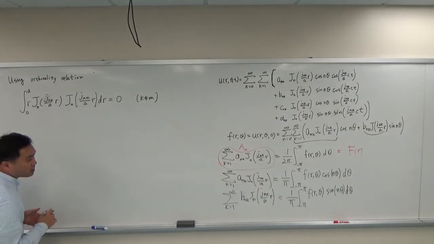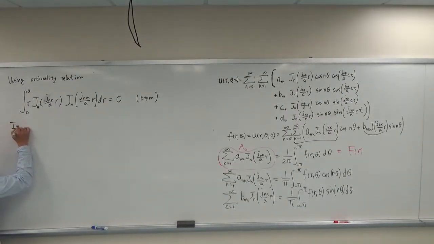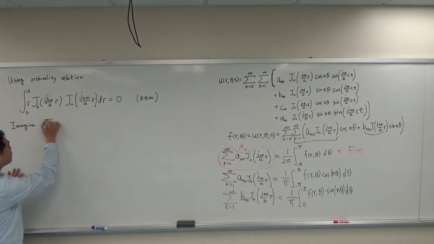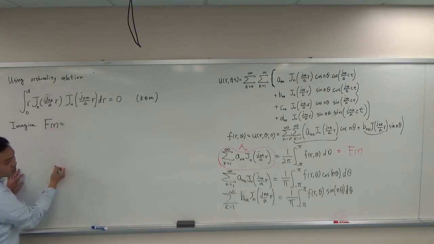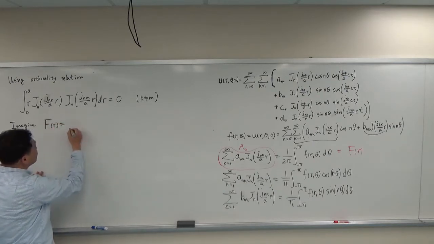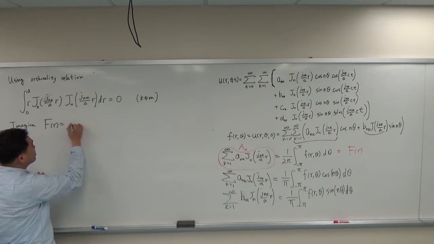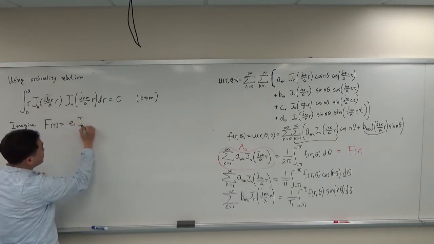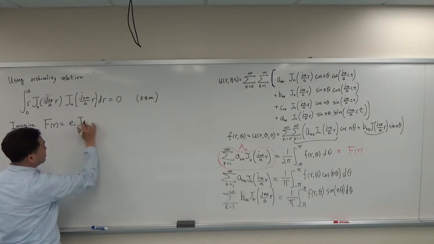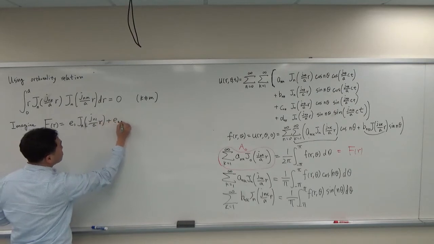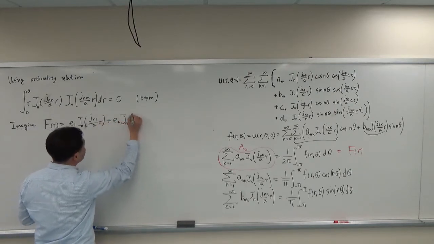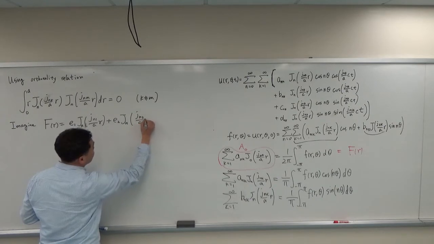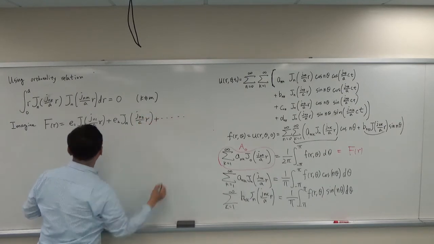Imagine that indeed capital Fr is equal to some E1 J_N1 over a r plus E2 J_N2 over a r, something like this, okay?